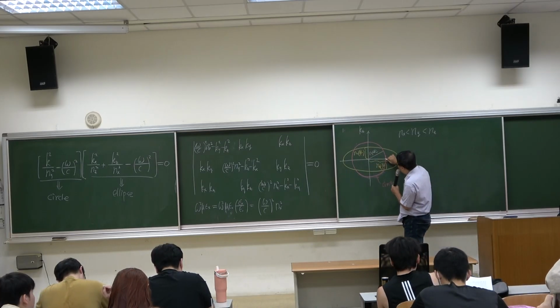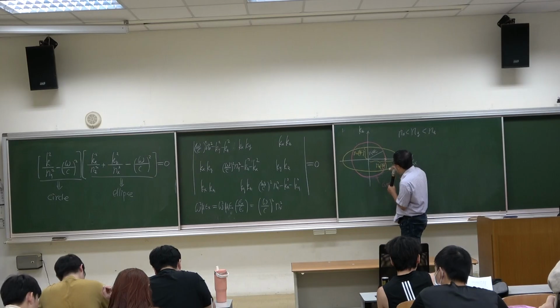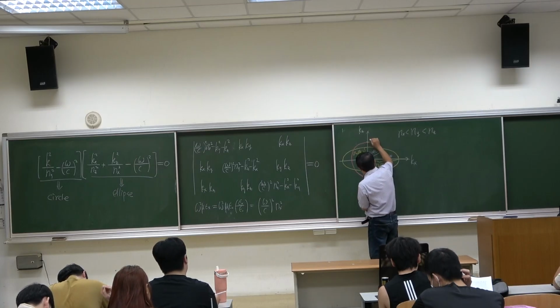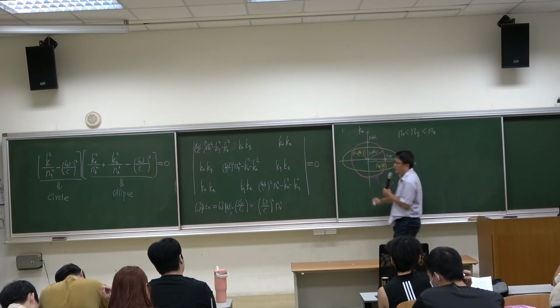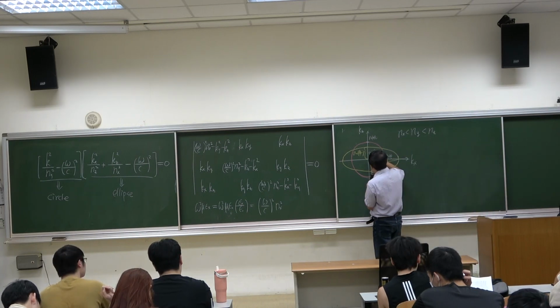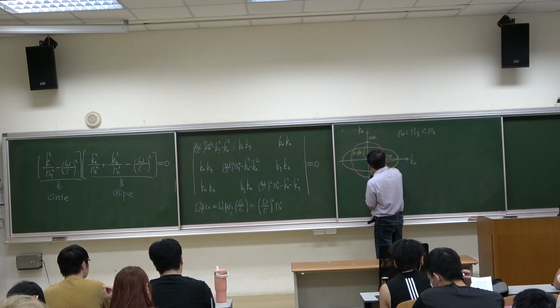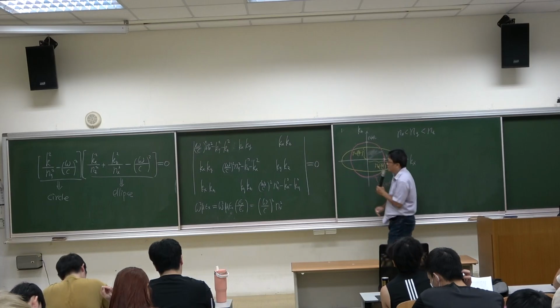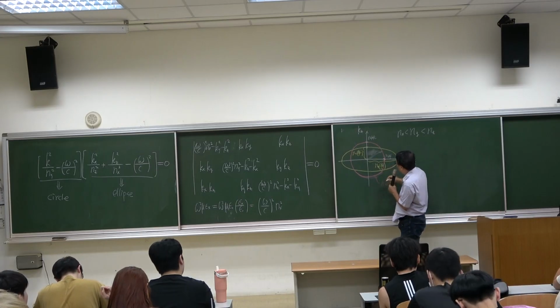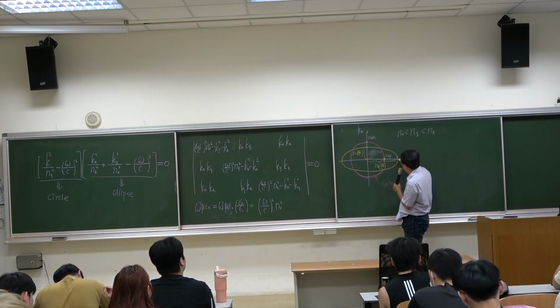Here we have ny omega over c, and here we also have the radius ny omega over c. Because ny is larger than nx, and ny is smaller than nz.